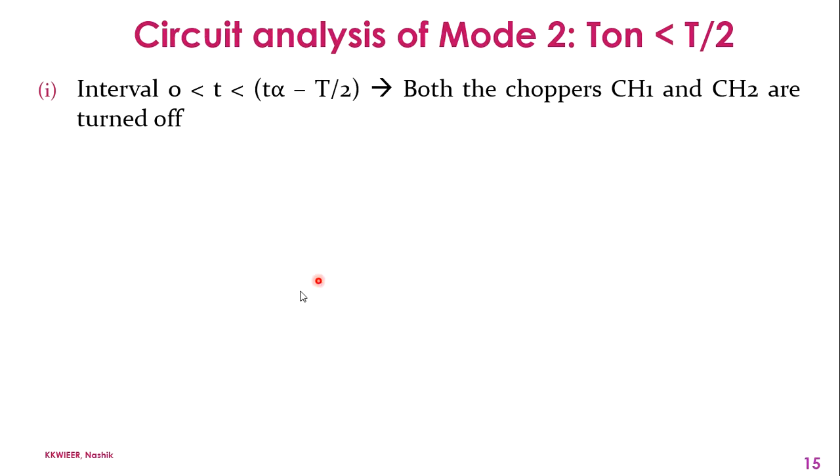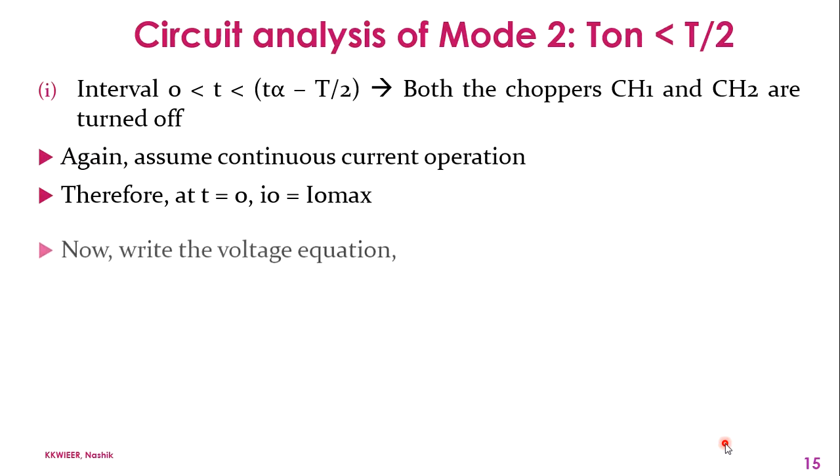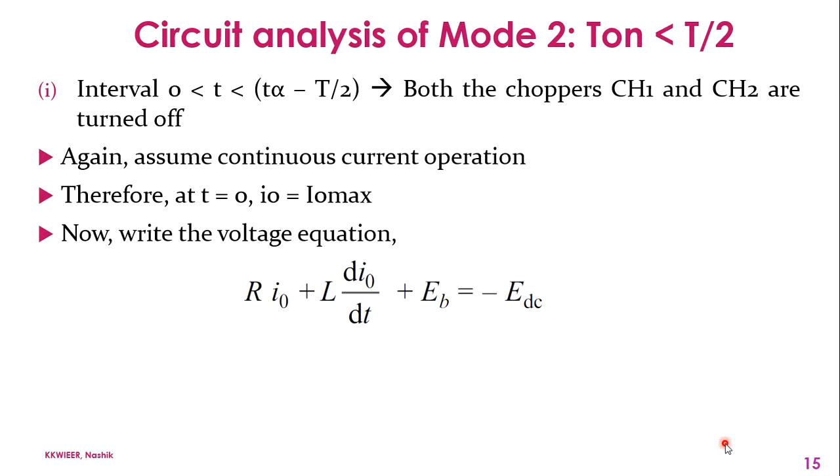The first interval T ranges from 0 to T alpha minus T by 2. In this case, both choppers CH1 and CH2 are turned off. Again, assuming the continuous current operation, therefore I0 is equal to I0 max at T is equal to 0, the voltage equation will become R I0 plus L dI by dt plus EB, which is equal to minus EDC.